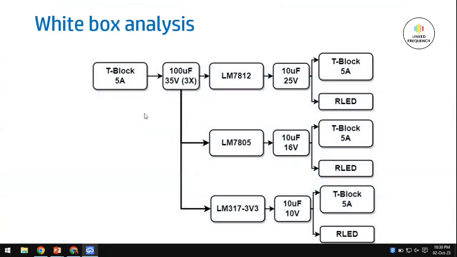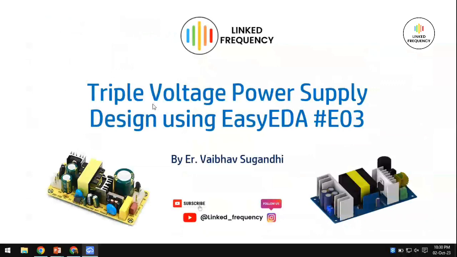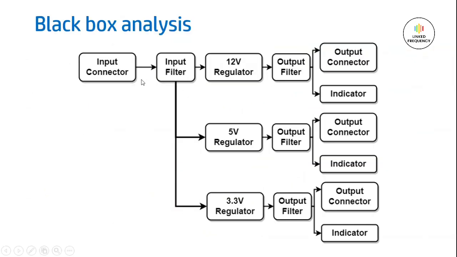So this is all about how to convert your triple voltage power supply design using EasyEDA. So we are converting an input voltage coming to the entire PCB into 3 different voltages as per the black box analysis.